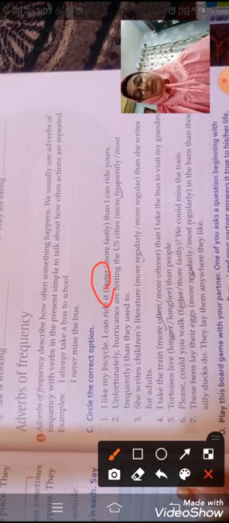Better than. Sheila is better than Ramila. I like my bicycle, I can ride it faster than I can ride yours. That is why we'll use faster here.